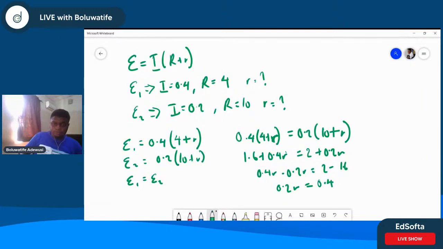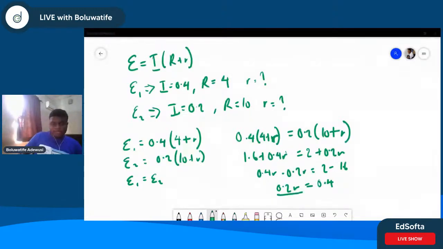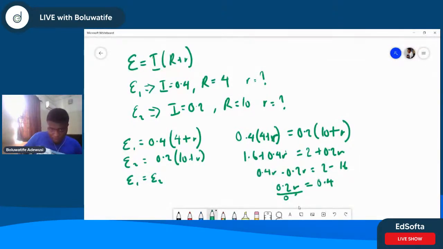If I divide both sides by 0.2, what I end up having is 2. So my internal resistance here is 2 ohms.